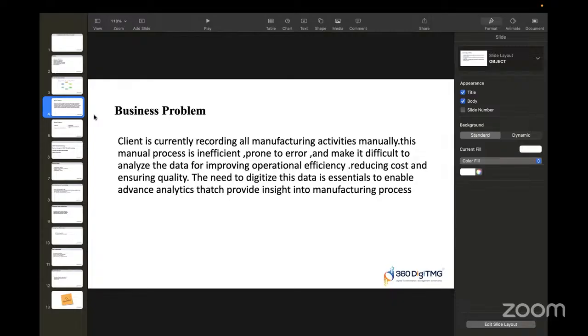It is also very difficult to analyze the operational efficiency and the production efficiency of this company. To analyze their data efficiently and effectively, first we need to digitalize this data, to do advanced analytics and find insights in this manufacturing process. So that's the business problem.